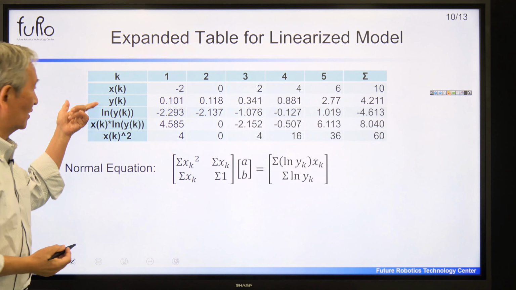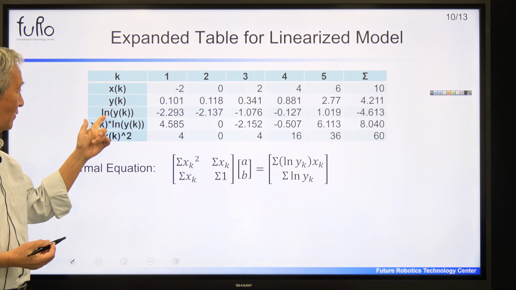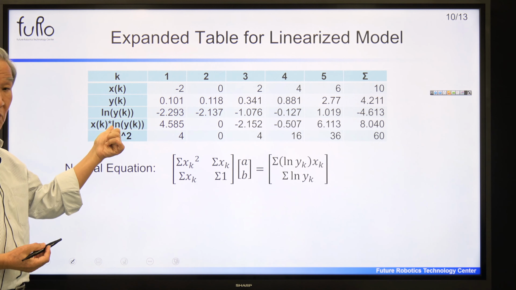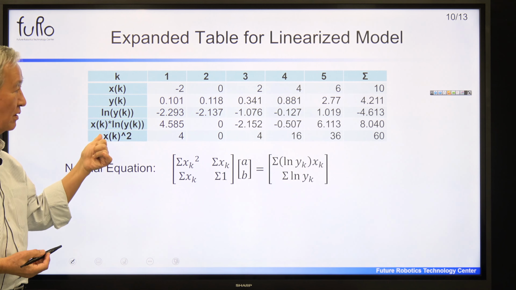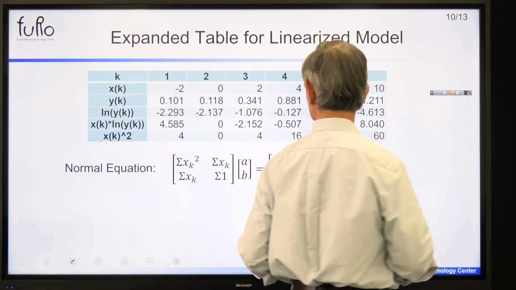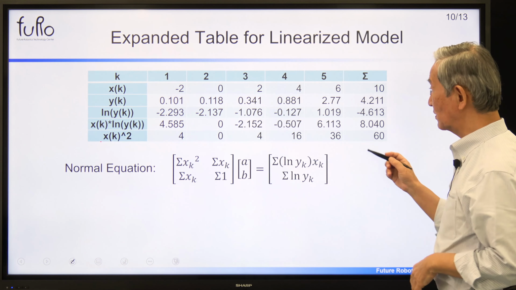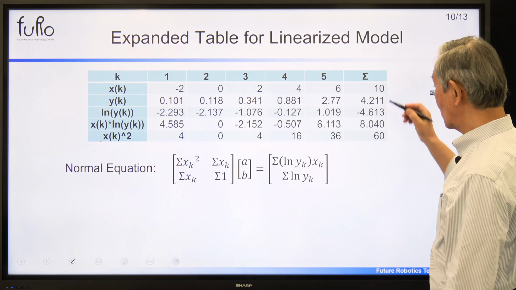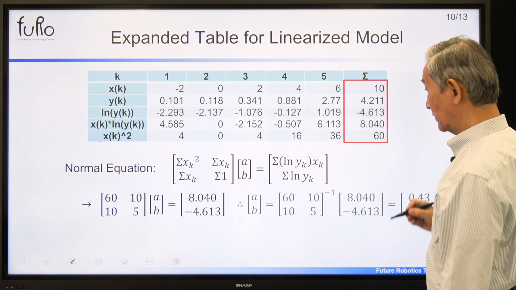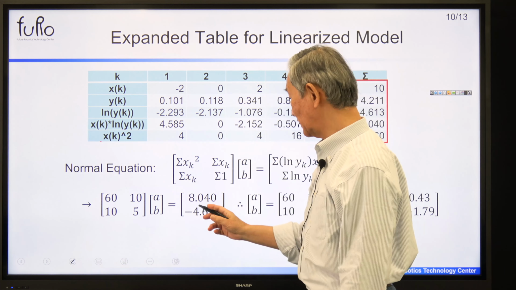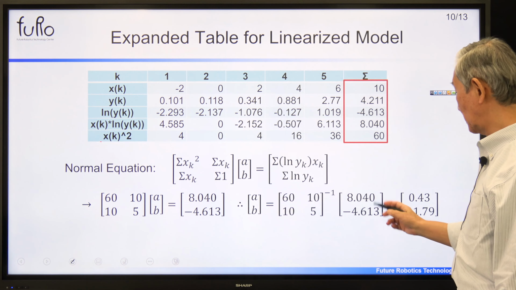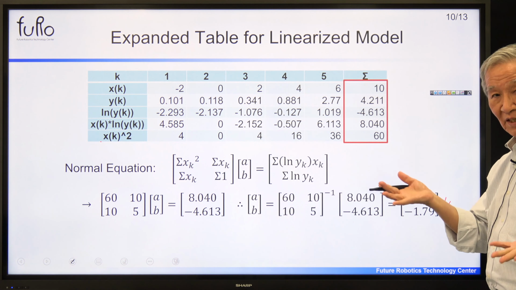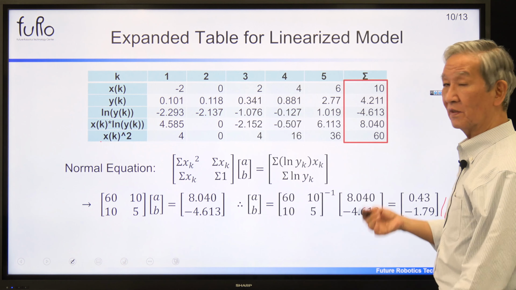From x and y, the original ones, I have log of y, because that's the one we need, and x times log y, and x squared. So compute all of those, and then sum them up. Using those values, you come up with this equal to that. And this inverse times that is going to be that. Okay? Easy. Once you know what to do, it's easy.